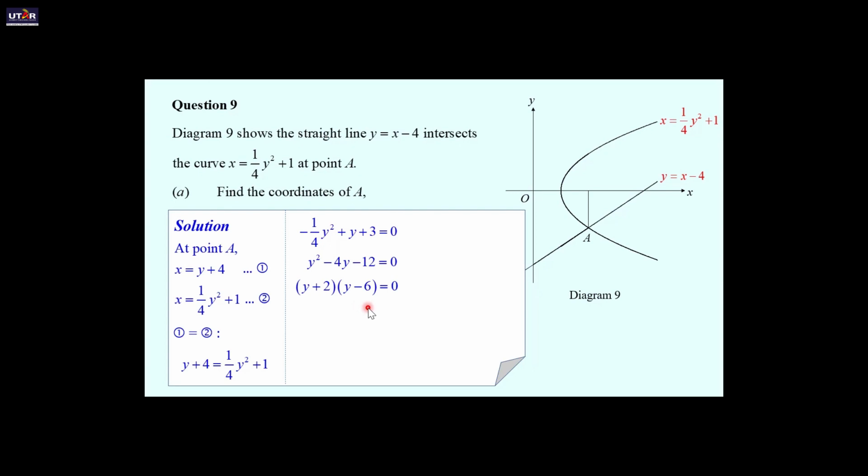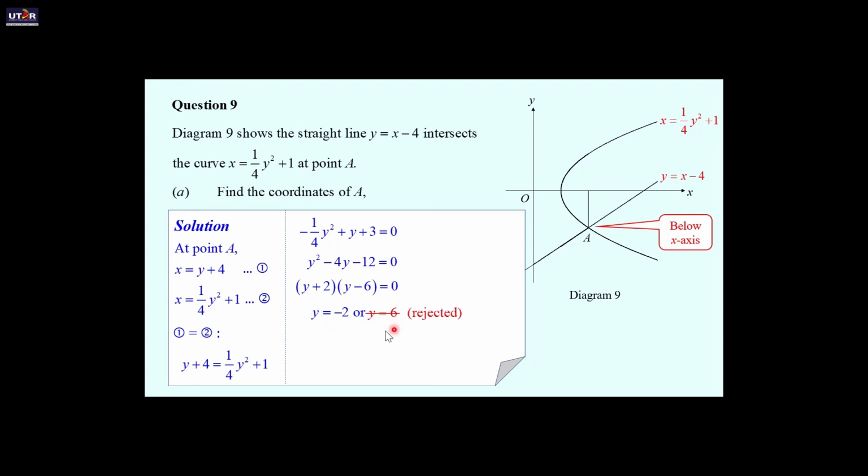So there are two roots for this equation, where y equals negative 2 or y equals 6. However, in diagram 9, point A is below the x-axis. If the point is below the x-axis, the y coordinate should be a negative value. Therefore, we reject y equals 6.